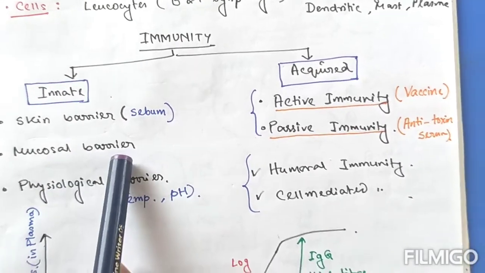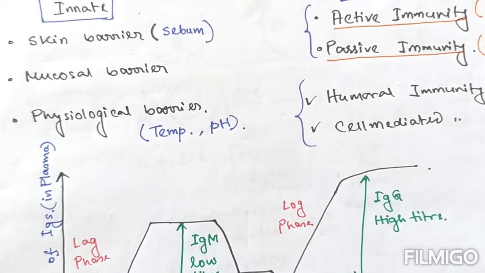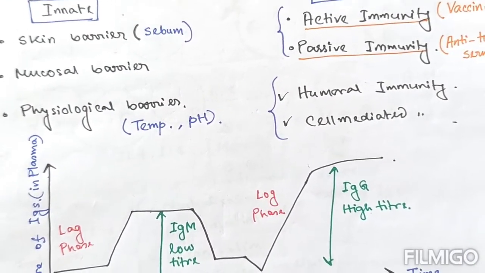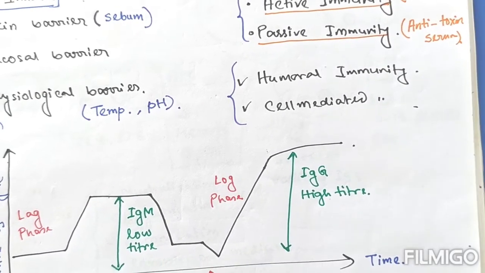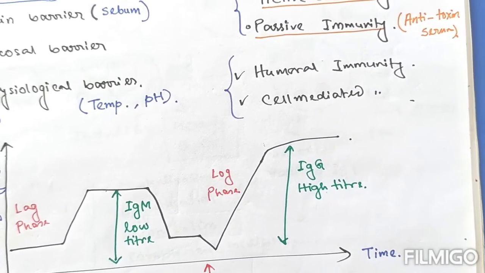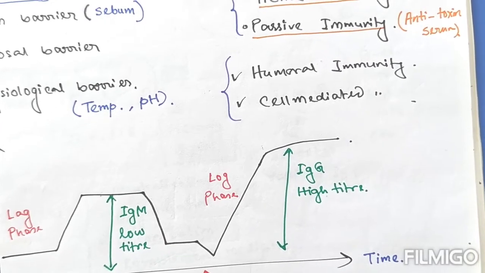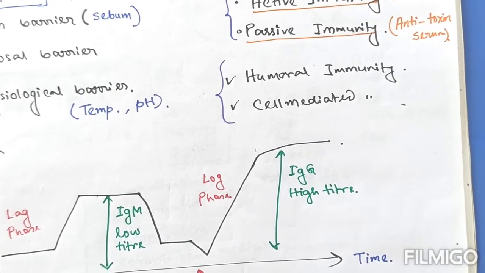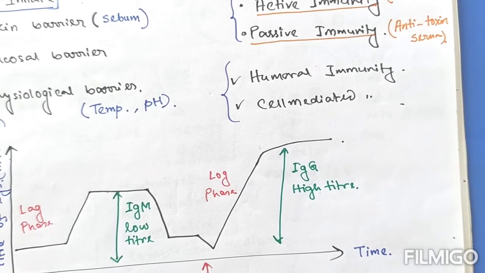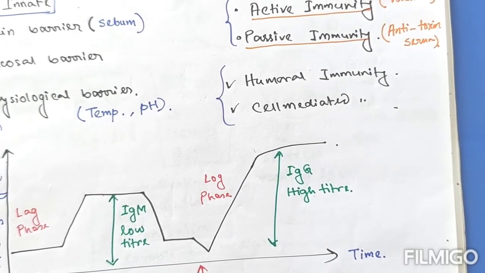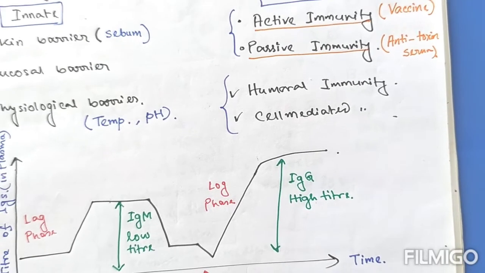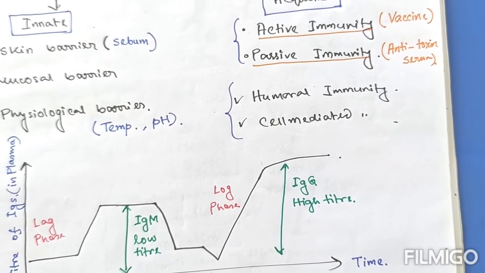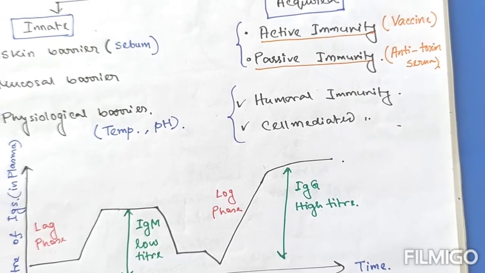Next, the mucosal barrier. Mucosa is the inner lining of any important viscera, and they secrete various types of antimicrobial substance in the form of various secretions. Like in the tears, they contain lysozymes that easily destroy the peptidoglycan layer in the bacterial cell wall, or in the form of gastric juice, where HCl or low pH can kill the bacterial protein.